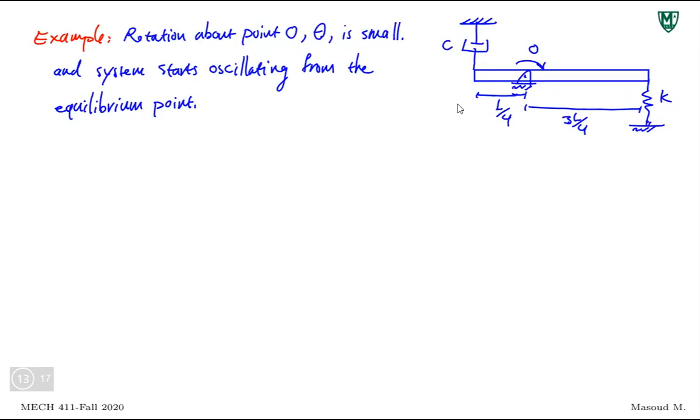So with this bar, in horizontal position, this spring is already stretched a little bit, or sorry, compressed, and it cancels out the effect of weight. Now we're in equilibrium position, and now we start the oscillation.